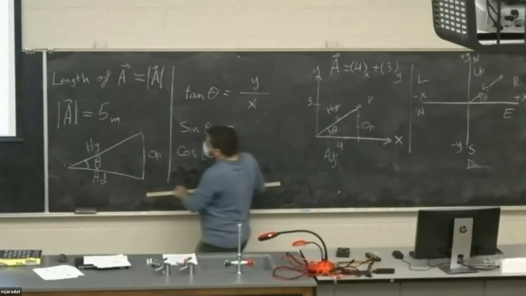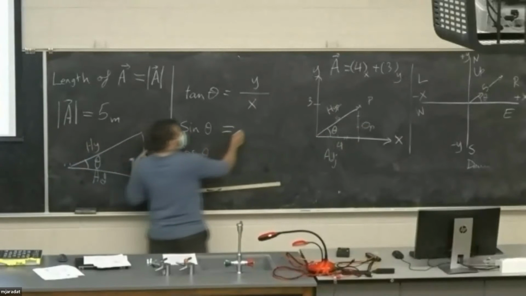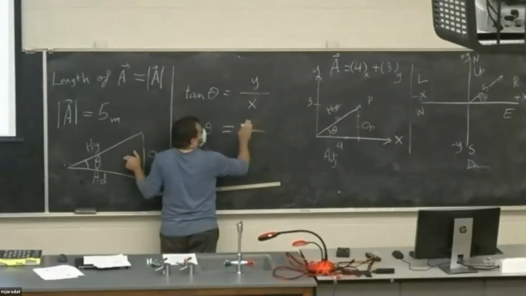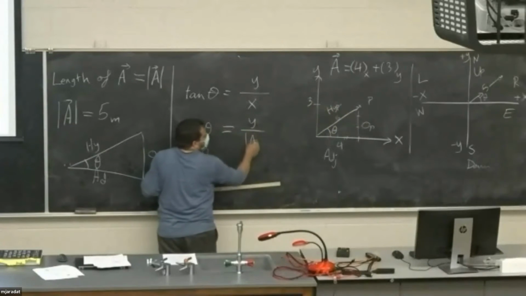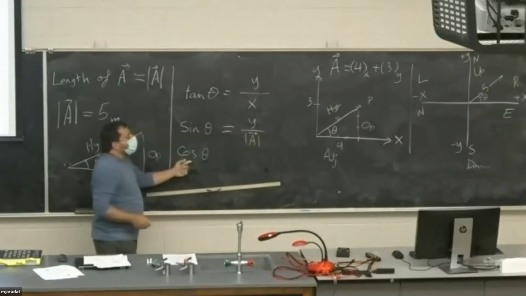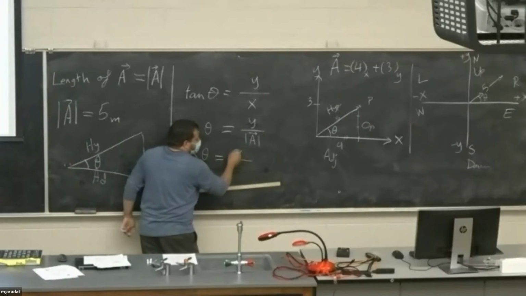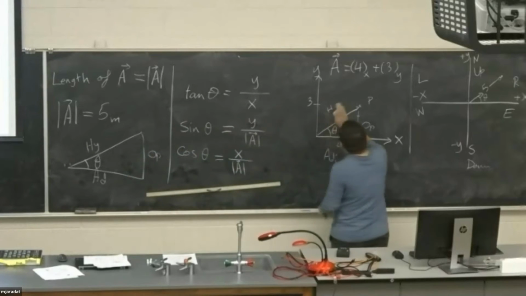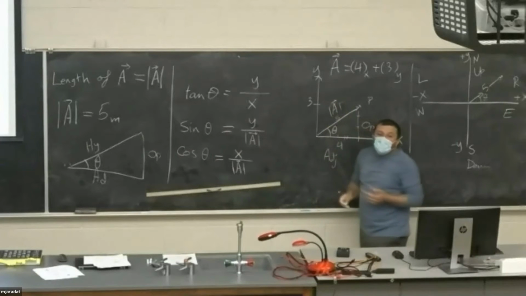Sin theta is the opposite over the hypotenuse. The opposite, which is y, over the length of A. Cosine theta is the adjacent, which is x, over the length of A. It is the same theta.